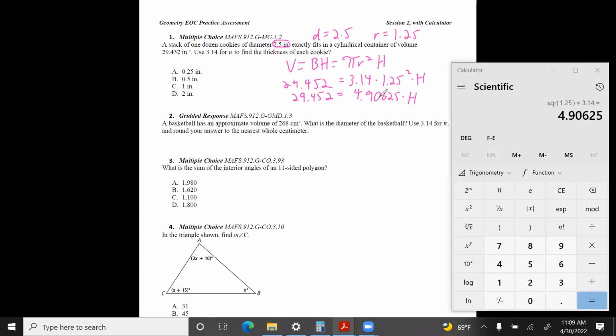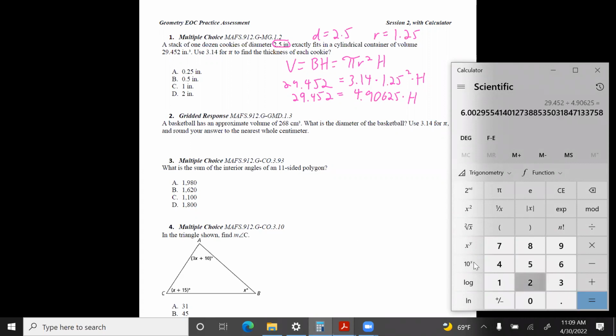We need to divide that off from both sides. So again, going back to the calculator, we're going to have 29.452, and then we're going to divide that by 4.90625.